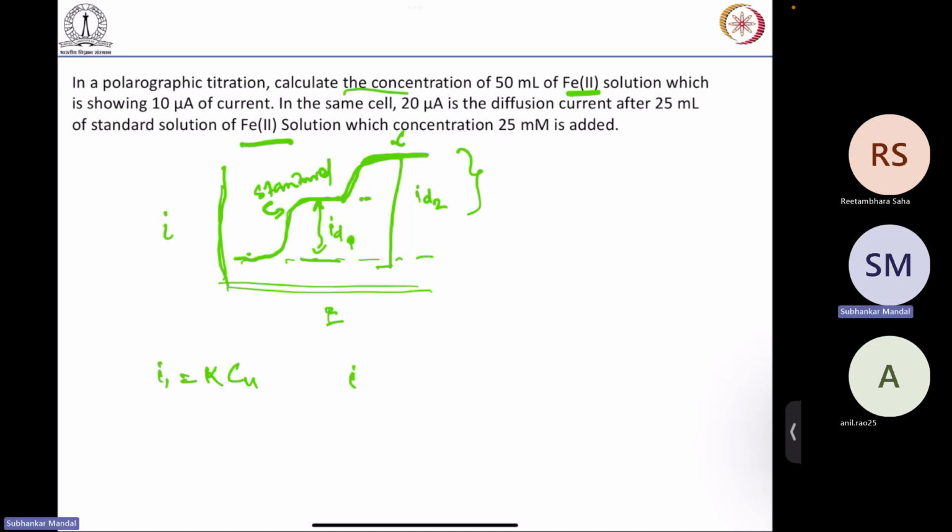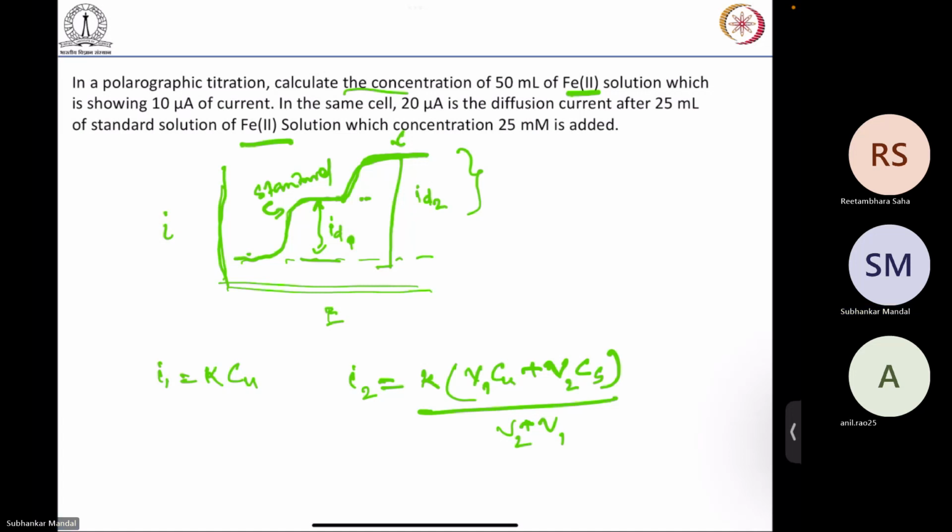In the other case you are getting I2, that is K times, depending on how much volume we have added, V1 into the unknown solution concentration Cu, plus V2, the volume of the standard solution, times the concentration of the standard solution Cs, divided by the total volume V2 plus V1. Then we have to calculate this Cu.